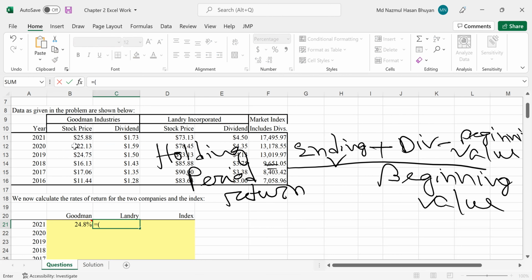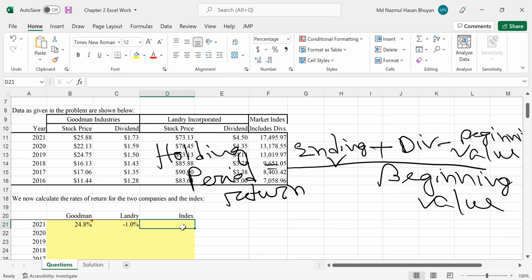So we're going to apply the same formula to calculate holding period return for Landry. Ending value plus dividend minus beginning value divided by beginning value. Next, return for the market.